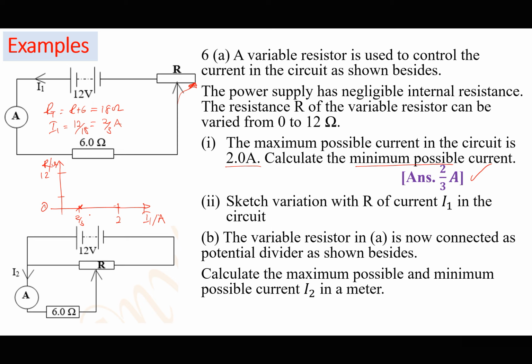No, that is not true. The minimum current is obtained when R is 12. So this starts from here. And when R is 0, the current is 2. So this is a graph of a decreasing gradient.